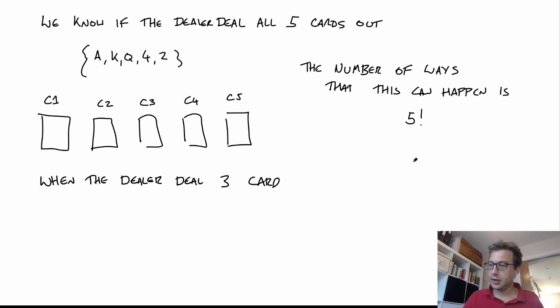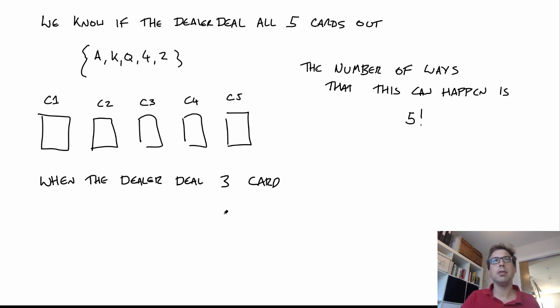Effectively, we don't care what happens with the remaining 2 cards, whether they've been dealt or not. We could imagine the situation where all 5 cards were dealt out and we just ignored what happened to the remaining 2 cards at the end.